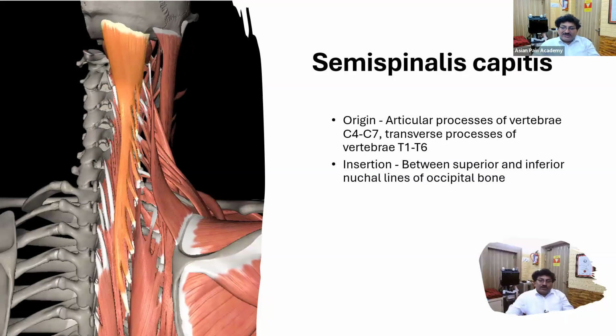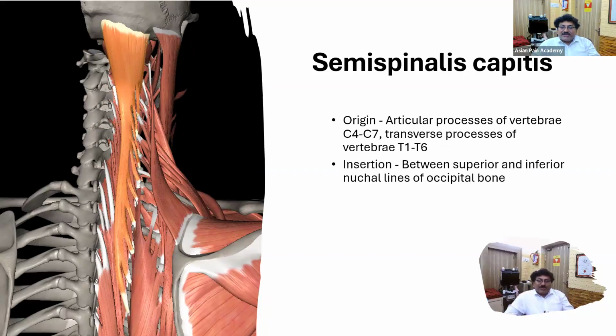Now, if we go slightly deep, we should say middle group, or it's also actually a part of the superficial group only. So it is the semispinalis capitis. It takes origin from the articular process of the vertebra C4 to C7, and transverse process of the vertebra T1 to T6, and it inserts again to the occipital bone in between the superior and inferior nuchal line.